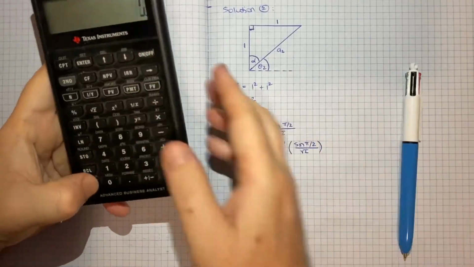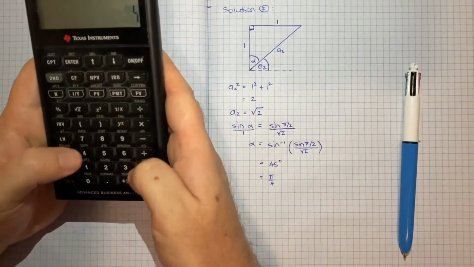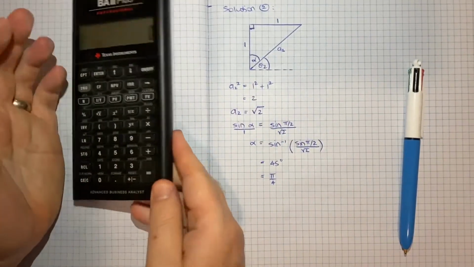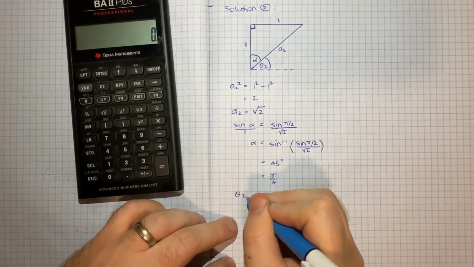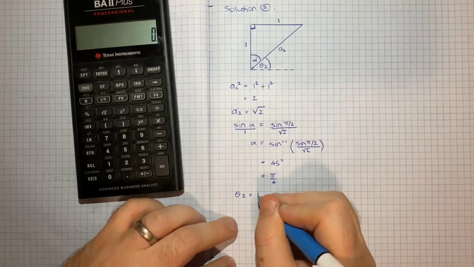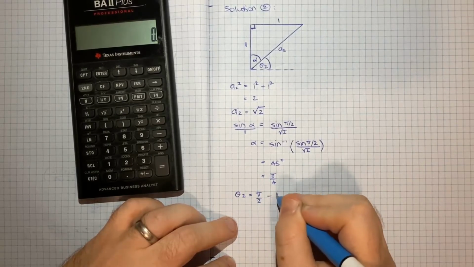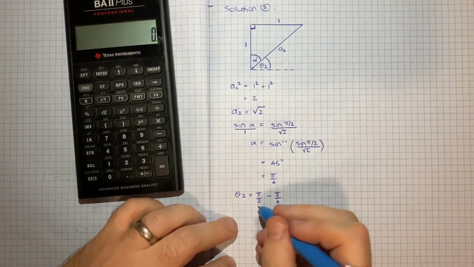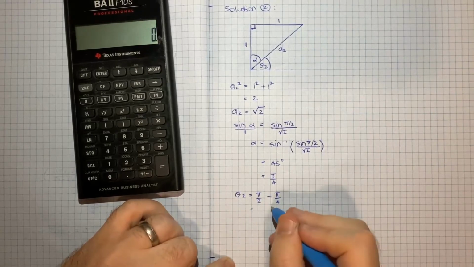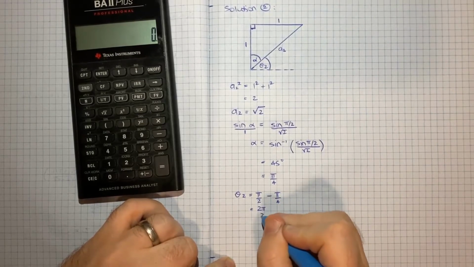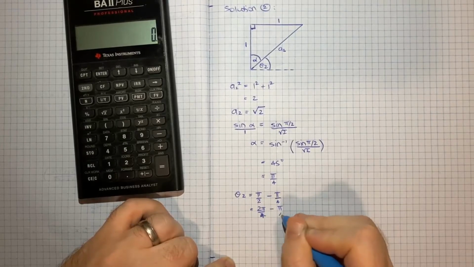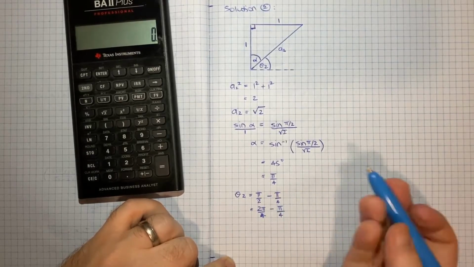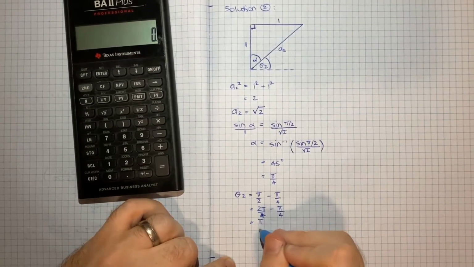And I'll just check that. 180 divided by 4, 45. Perfect. Okay, so if that's alpha, then theta 2 equals pi on 2 minus pi on 4, which equals 2 pi on 4 minus pi on 4. 2 minus 1 is 1, so that's just pi on 4.